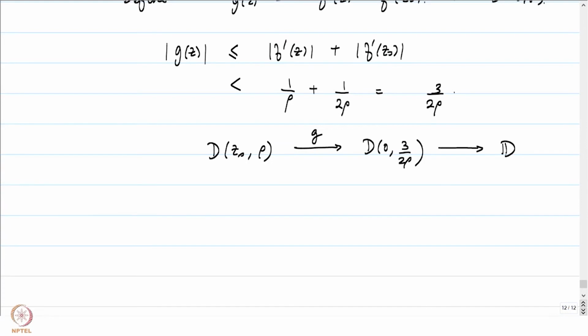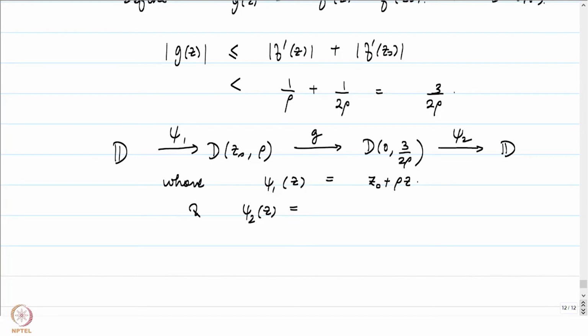The map here will be z going to, let's call it psi 2, and the map here psi 1, where psi 1 of z is equal to z0 plus rho times z, and psi 2 of z is equal to 2 rho by 3 times z.